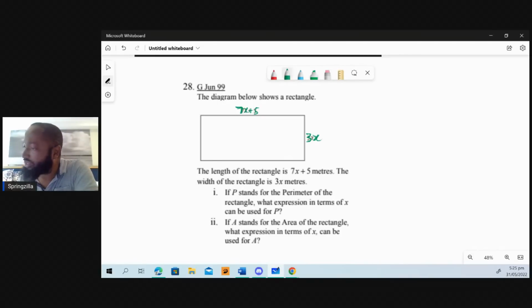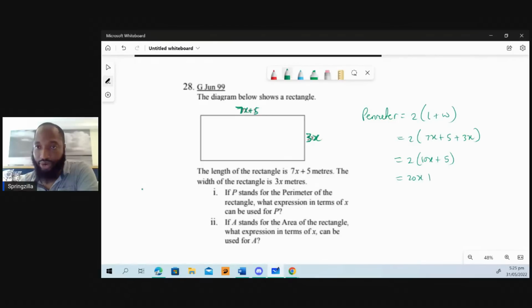What is the expression in terms of x? The perimeter is equal to 2 times the length plus the width. So it's 2 times (7x plus 5 plus 3x). So this is 2 times (10x plus 5), so this is 20x plus 10. Y'all agree with that? Yeah, this is a little easy.